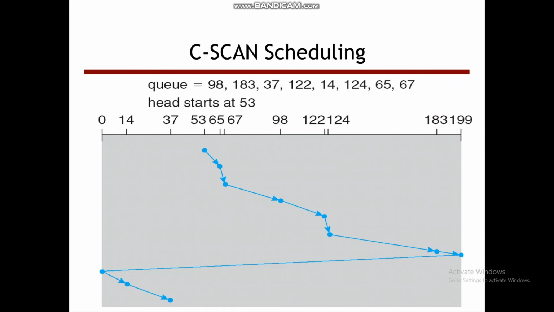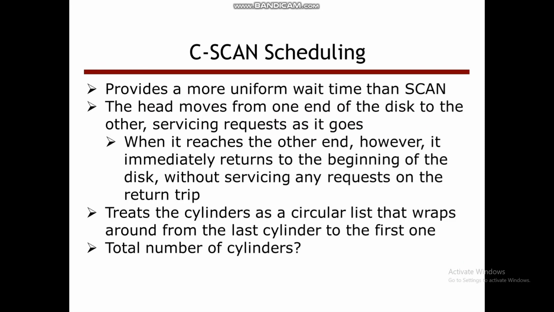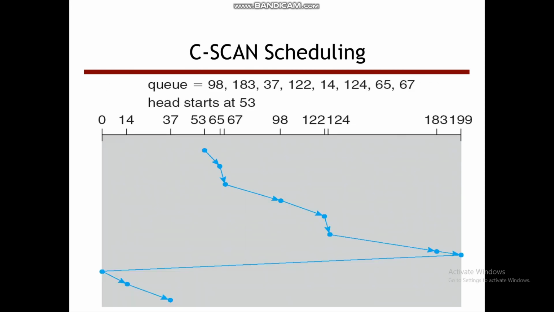Let's calculate the total head movements. You calculate and see what the total head movement will be. This treats the cylinders as a circular list. This is the advantage of the algorithm.